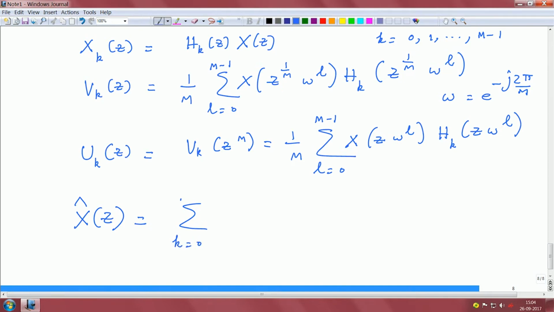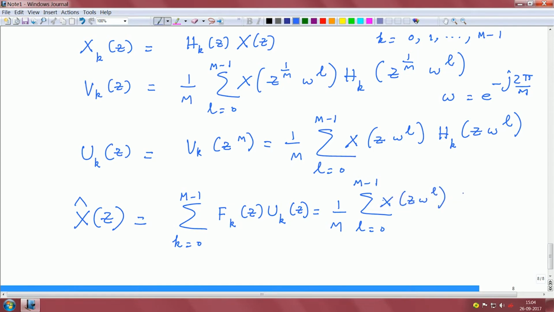So, this is summation k equals 0 to m minus 1 fk of z uk of z, and if you simplify this you get 1 upon m summation L equals 0 to m minus 1, and we plug the uk in here, x of z omega power L and summation k equals 0 to m minus 1 hk of z omega power L with fk of z.